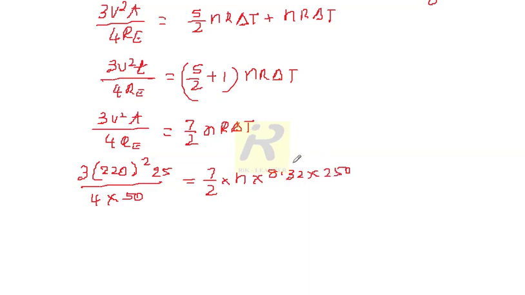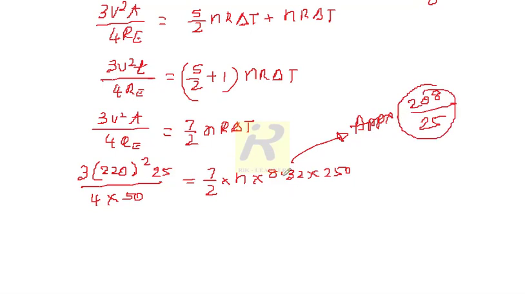But one thing you must know, this is approximately 208 divided by, what I can write, 25. So don't forget, this is an approximation that I can put here. So doing that, what I obtain on this side is simply 3 into 1210, which equals 7 divided by 2 into n into 208 divided by 25 into 250.